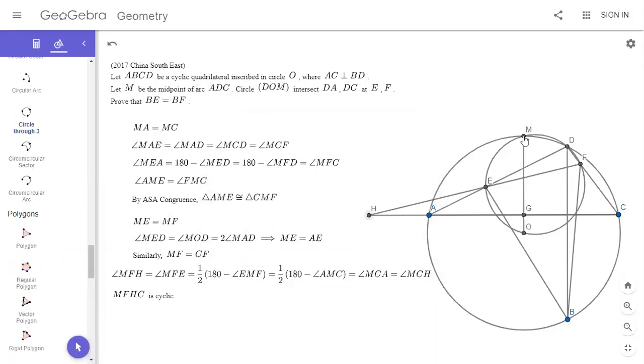So we can draw that in. And then now I'm going to write what Khan said.